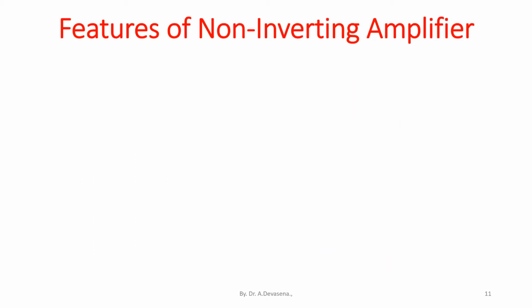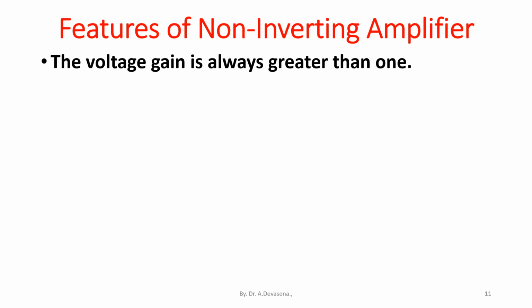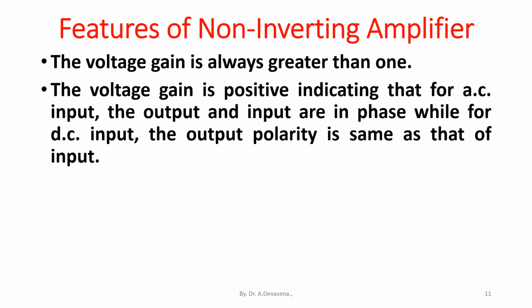Let us discuss the features of the non-inverting amplifier. The voltage gain is always greater than 1. The voltage gain is positive, indicating that for AC input, the output and input are in phase, while for DC input, the output polarity is the same as that of the input.